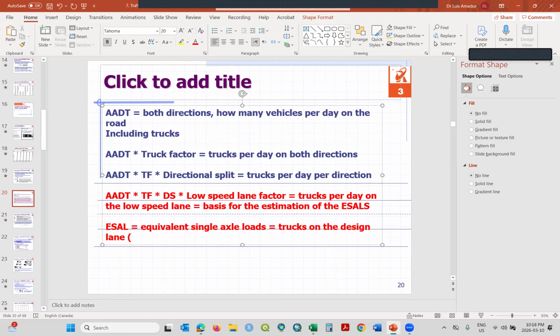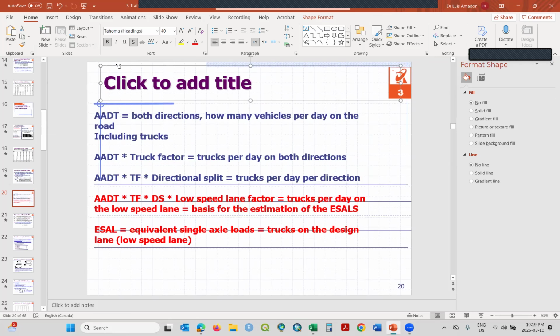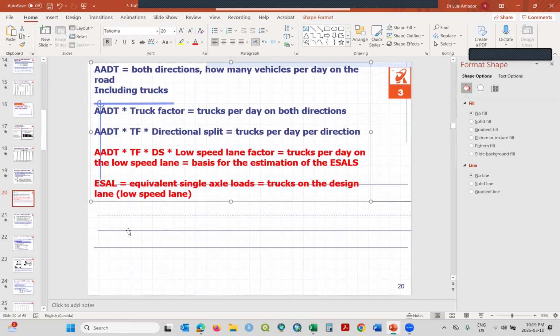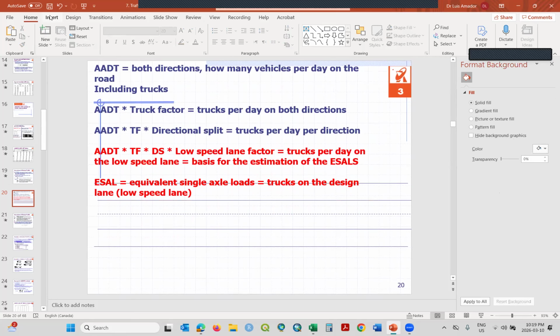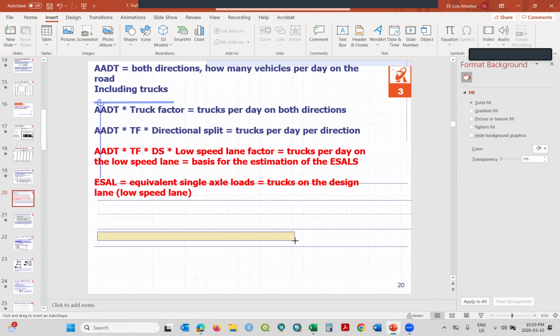And the design lane is the low speed lane, which in a highway is typically this lane over here, which is where your trucks will be.